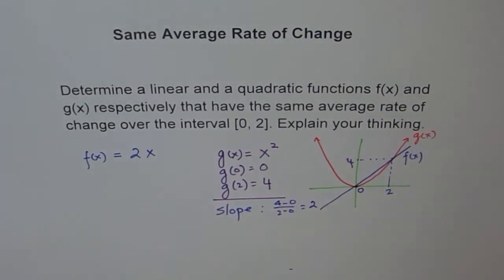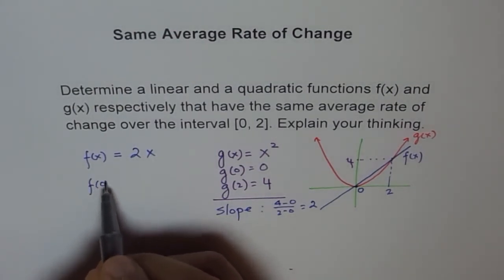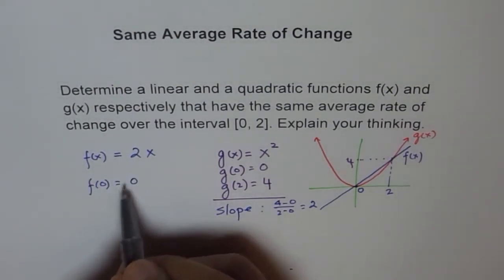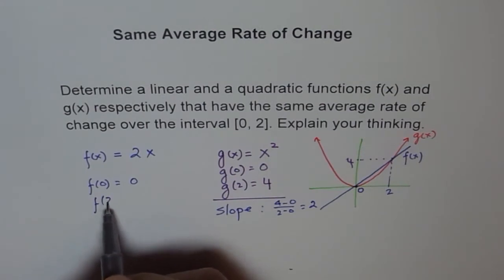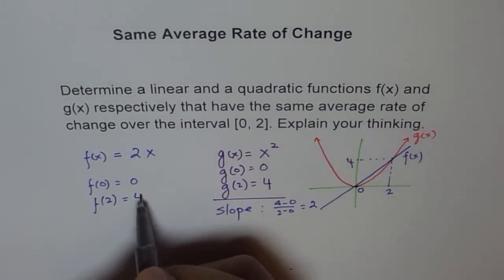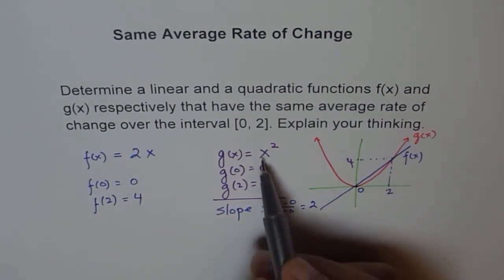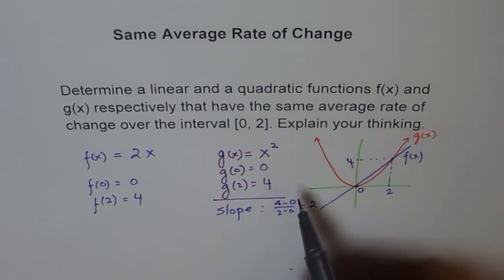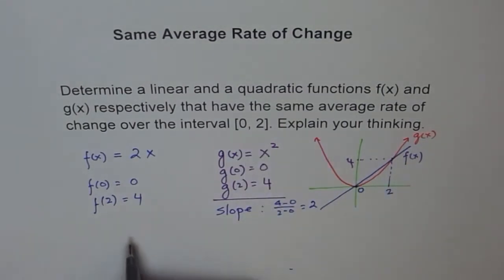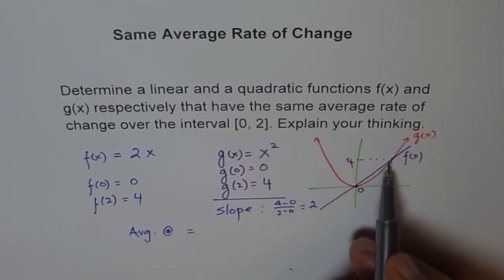Okay. Now that satisfies. If it is 2 times x, then what is f of 0? f of 0 is equal to 0 for us, and f of 2 is equal to 2 times 2, which is 4, correct? So we get the same points. Do you see that? And now, of course, what is the average rate of change? The average rate of change is equal to rise over run, right?